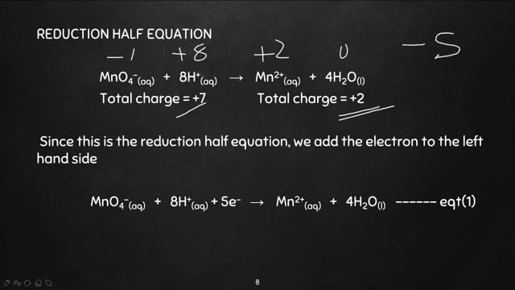You must take away 5 electrons, so you add 5 electrons to the left hand side. The resultant charge becomes +7 - 5, which gives us +2.